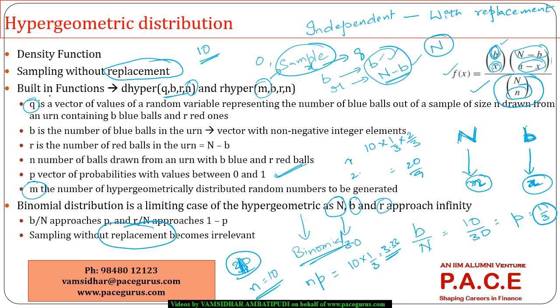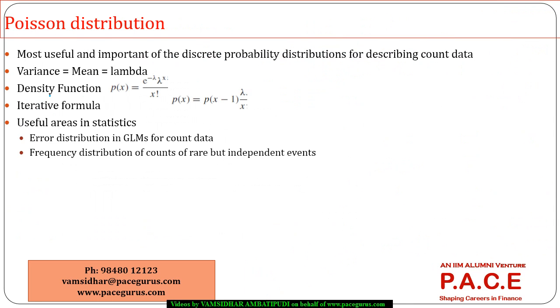Now from the hypergeometric, we will move to another important distribution which is very heavily used in the discrete probability world, which is the Poisson distribution. I will be using the Poisson distribution for describing count data, that is, how many successes.